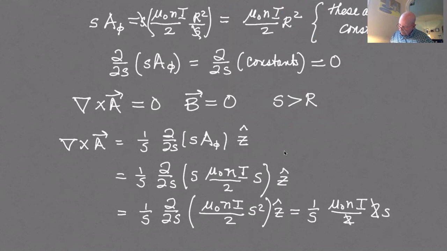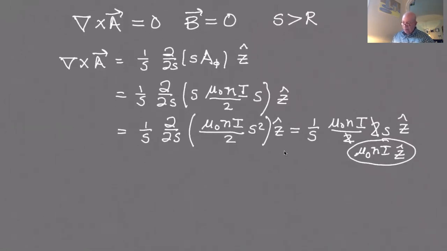The 2's go, and this is equal to mu naught N times I in the Z caret direction, which you know, the magnetic field inside is constant in the Z caret direction. So everything checks out. This is for S less than R.